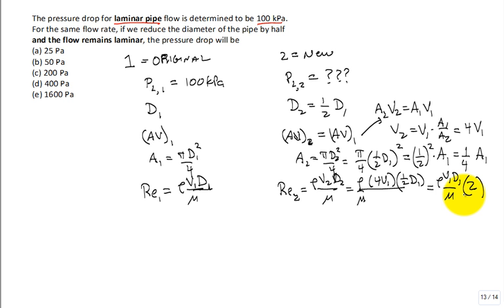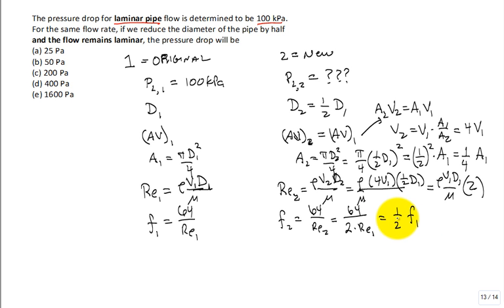Now, because it's laminar flow, is the friction factor 64 over the Reynolds number? Well, friction factor for the new case is 64 over the Reynolds number for the new case. The Reynolds number of the new case is 2 times the Reynolds number of the original case. So the new friction factor is 1/2 the original friction factor.